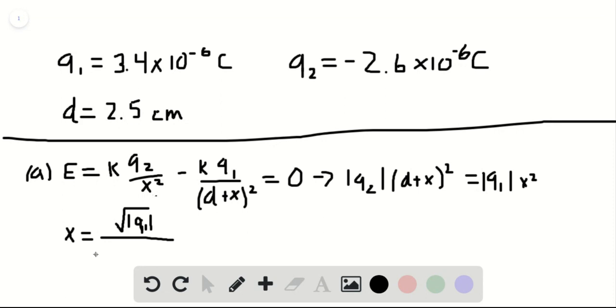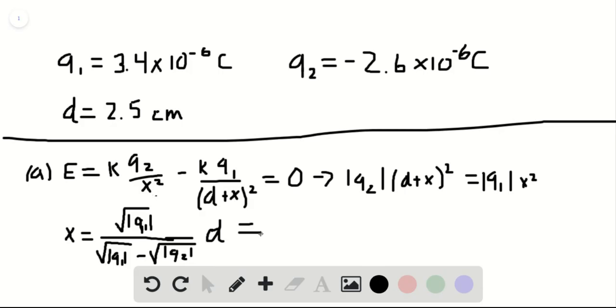Divided by the square root of the magnitude of Q1 minus the square root of the magnitude of Q2. And then this is all multiplied by d. Okay?